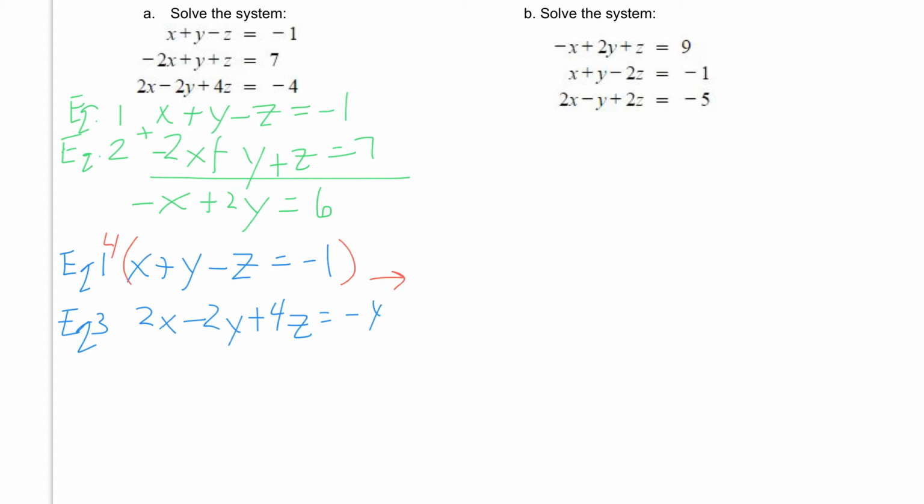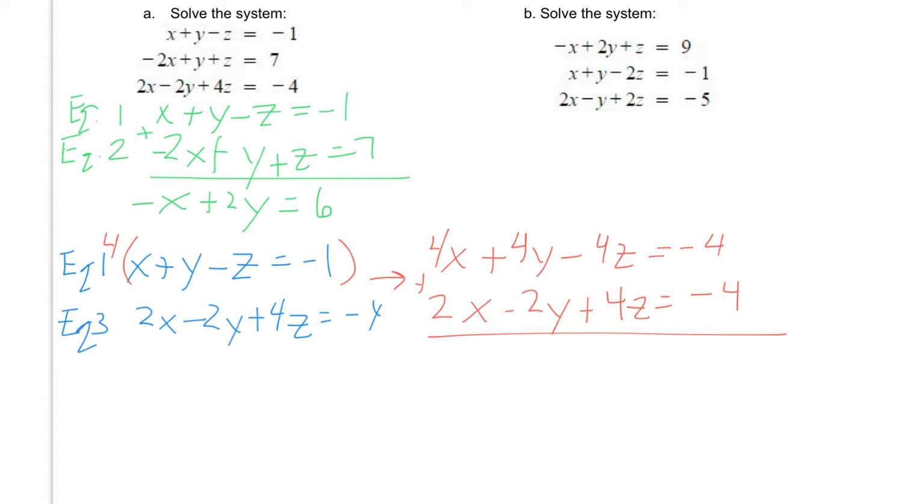If you can't avoid it, you can always use a separate sheet of paper for part B. So I'm going to get 4x plus 4y minus 4z equal to negative 4. My bottom equation stays the same, 2x minus 2y plus 4z equal to negative 4.